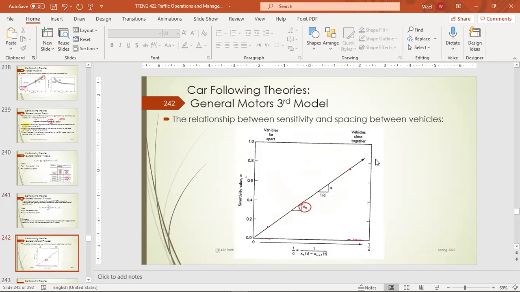In the third model, they discovered that there was a linear relationship between the factor alpha and the spacing between the vehicles, or rather the inverse of the spacing. That means if the spacing was high, the sensitivity was low. If the spacing was low, the sensitivity was high, and that makes sense.